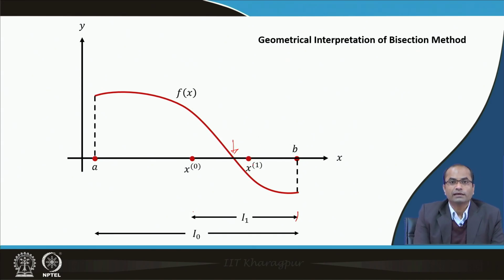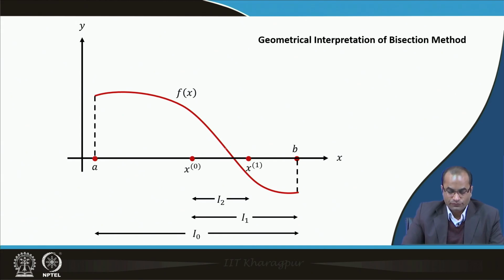Suppose this is x 1, and then again with this criterion of checking where the root lies, it will obviously lie in this left interval now. So, the root will lie here, and therefore I 2 will become this interval from here to here. Again we go for the midpoint and see that this is I 3, and so on.